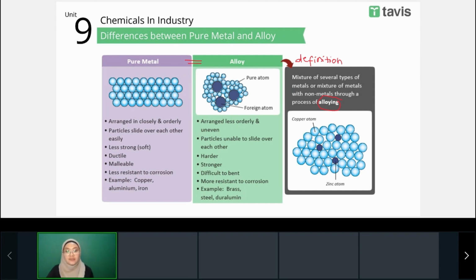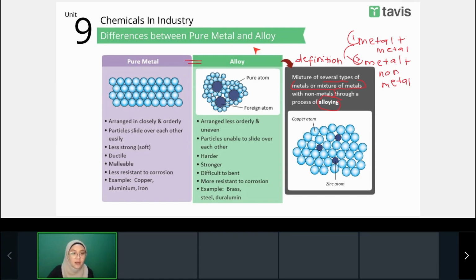Okay, you can just remember metal plus metal, or another one, metal plus non-metal through a process of alloying. Okay, that is an alloy.